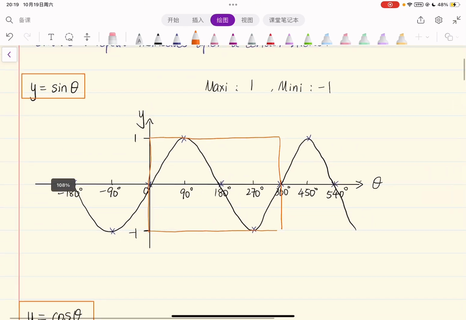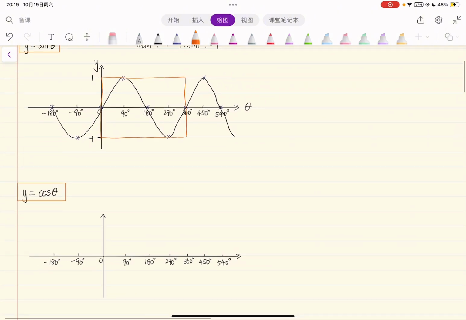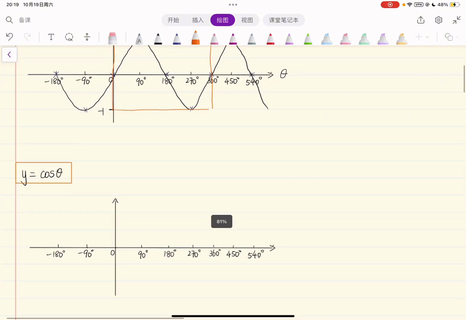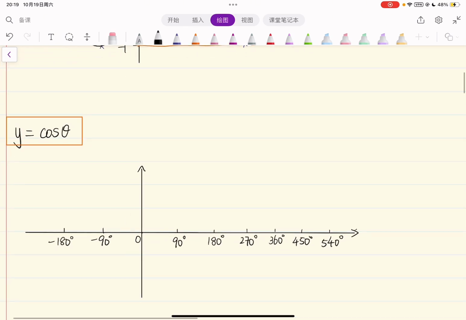Now, how about y equals cosine theta? Similarly, the value of cosine theta is between minus 1 and 1. So the maximum value of cosine theta is 1 and the minimum value is minus 1.